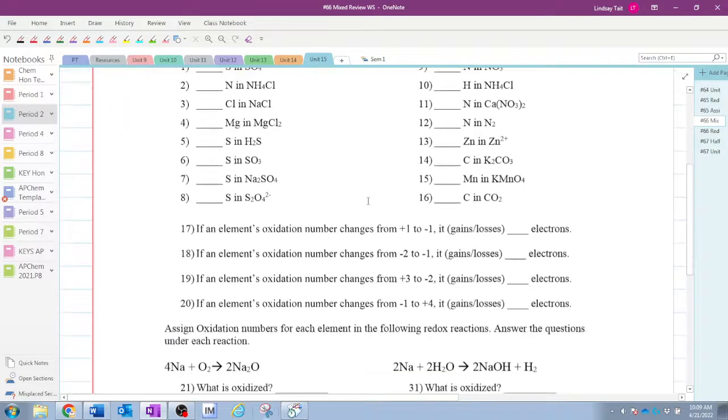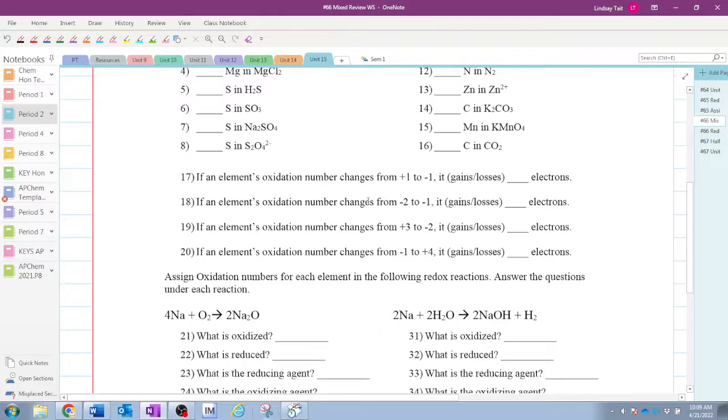In the middle here, just reviewing changes in oxidation numbers, like for number 17, if the number changed from +1 to -1, can we agree that that would be 2 electrons going from +1 to -1? But does that mean that those electrons were gained or lost? If you went to the negative side, that means you gained negative electrons, right? Going from +1 to -1, that means your number's going down, you're gaining them.